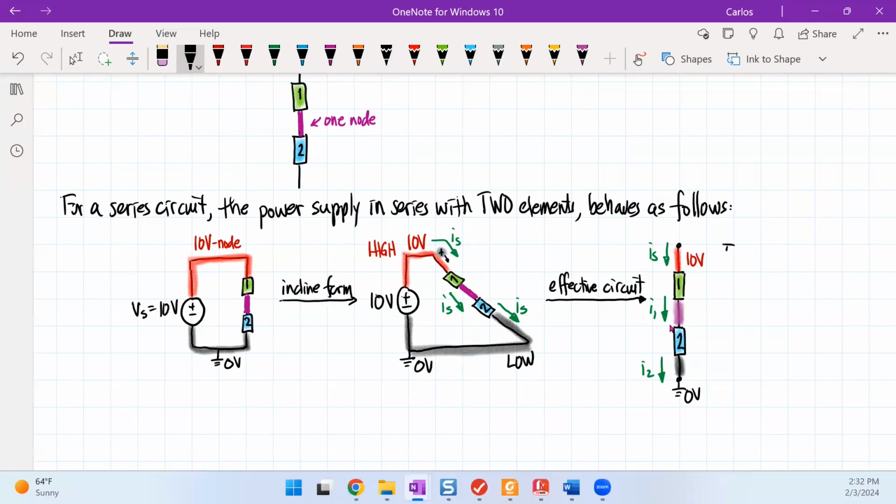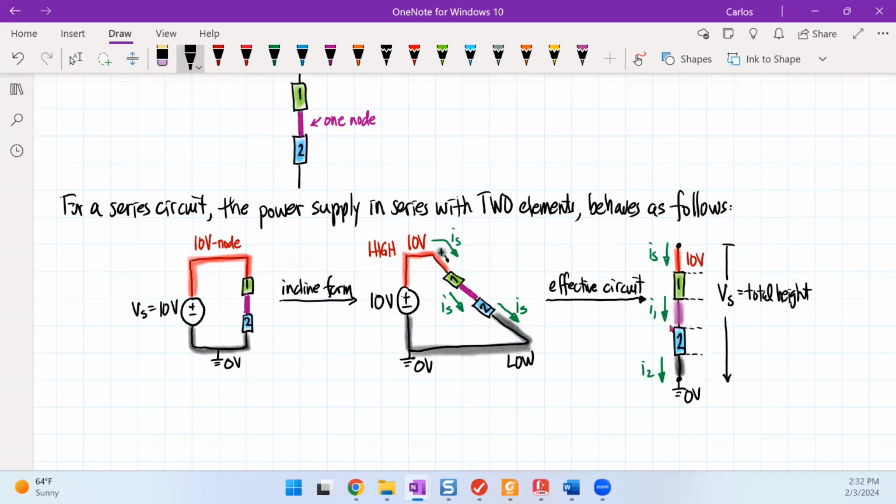So now what we're seeing here is that the voltage source, the 10-volt source, sets up the total height. That means that since there is no voltage drop across wires, the only voltage drop that can occur is across the elements.